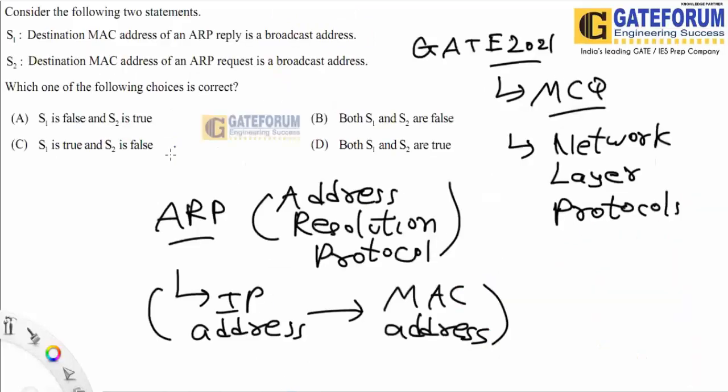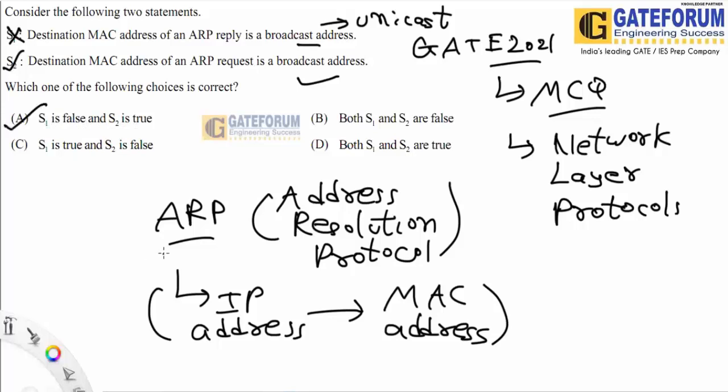Here, S1 is related to the ARP reply. So reply would be unicast, so this one is false, and request is a broadcast, which is correct. So S2 is correct. Your answer would be S1 is false and S2 is true.